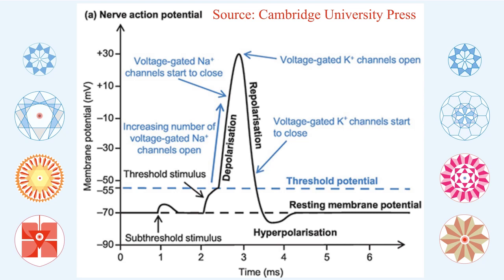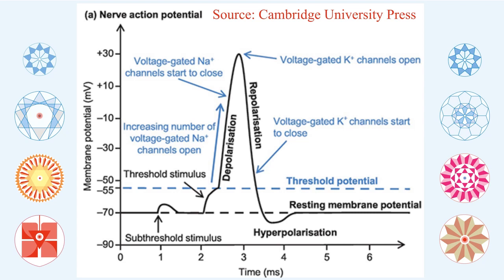At that particular juncture, sodium channels have closed and voltage gated potassium channels open. That means as earlier sodium was going inside, sodium influx, now you have a potassium efflux, meaning potassium inside the cytoplasm of the neuron cell starts coming out.